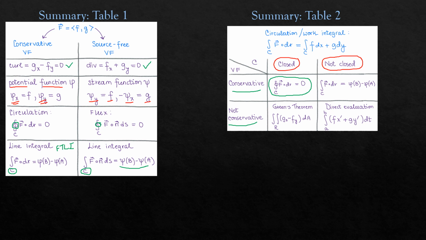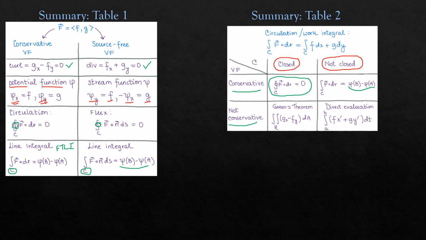Okay, so there is the statement here. If we have a vector field that's conservative, the line integral of that vector field over a closed curve is 0. Now, if it is not a closed curve, that's fine, no problem here. We still can compute that quantity, so that would be phi of b minus phi of a, where a and b are endpoints of the curve, right?